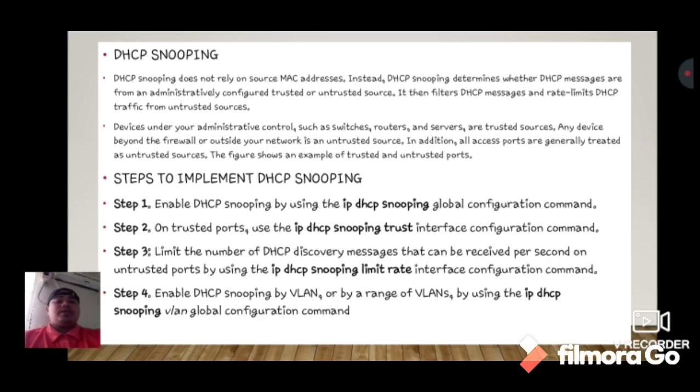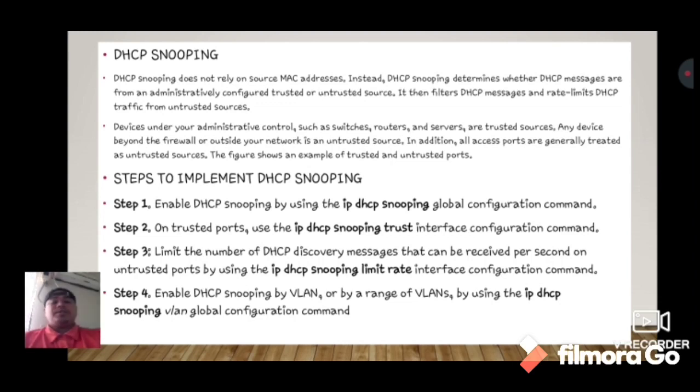Steps to implement DHCP snooping. Step 1. Enable DHCP snooping by using the ip dhcp snooping global configuration command. Step 2. On trusted ports, use the ip dhcp snooping trust interface configuration command. Step 3.